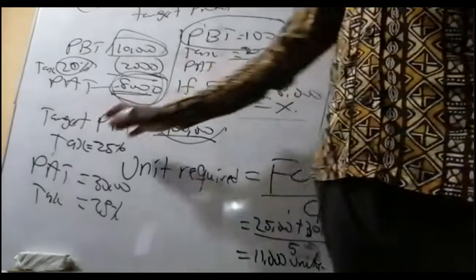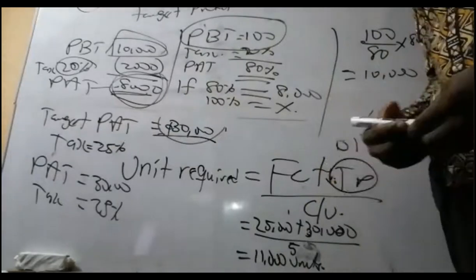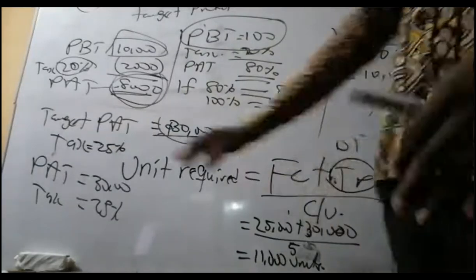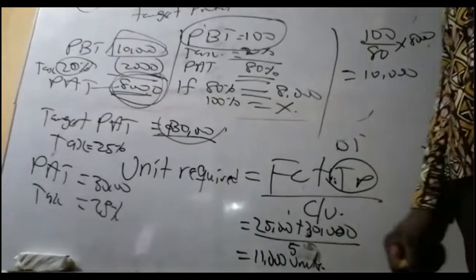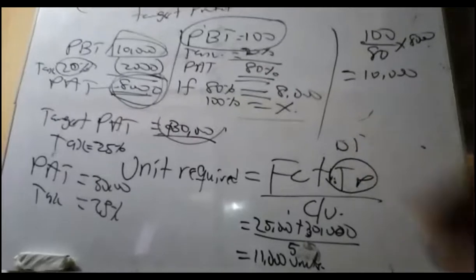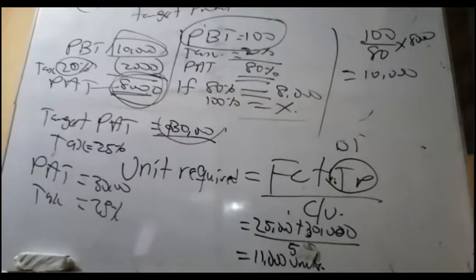So apply the same approach to solve this and give me the answer. Because this, I'll not do it, you do it. So anywhere you're looking for profit before tax, this is how you have to look. It's what you get: 40,000.